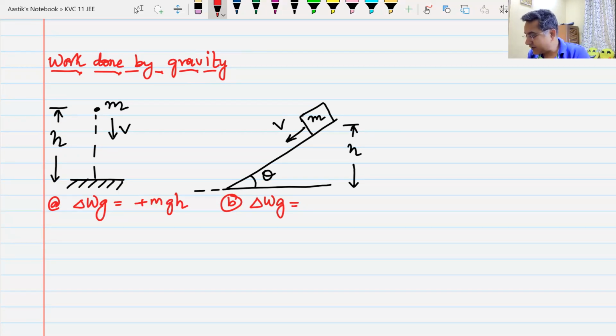What is the work done by gravity in this case? You can find it out in any way. It will come as plus mgh. It will come the same.